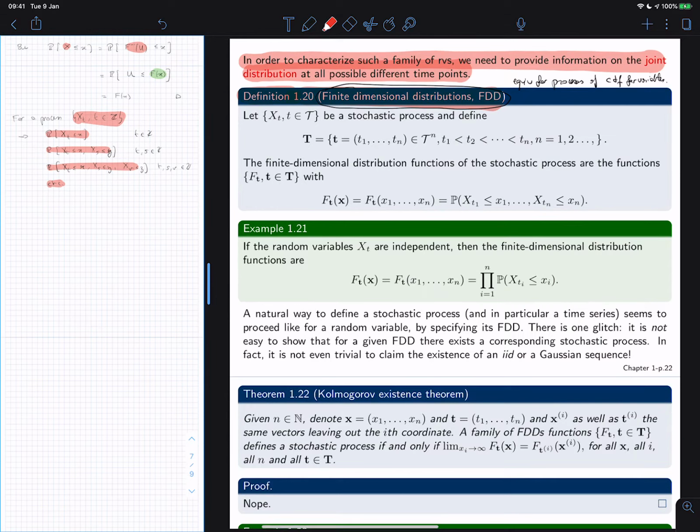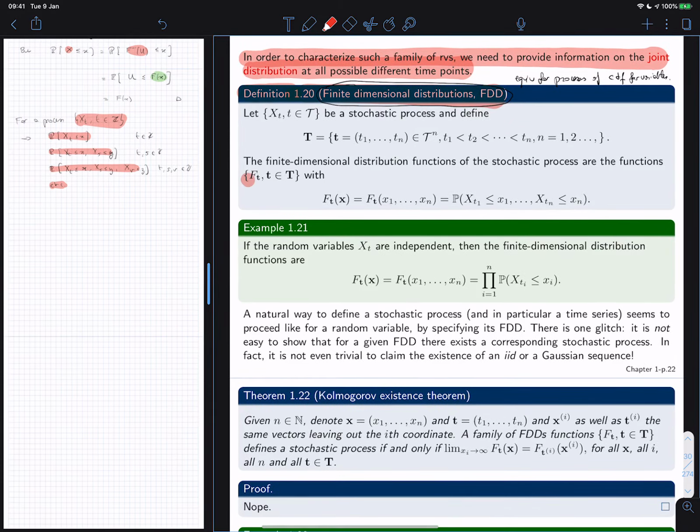combined into what's called the finite dimensional distribution of the process. And it's what? Well, it's a collection of functions indexed in all the sets of this form, giving you the probability CDFs associated to a finite number of marginals. So let's maybe say it better.